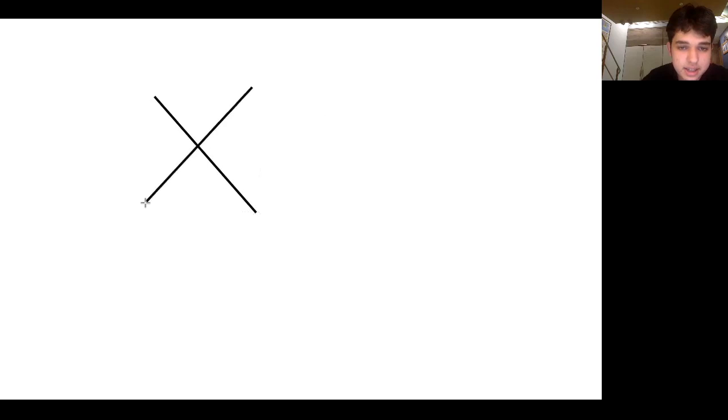They intersect each other here. Now, if these are obviously straight lines, yeah, if I say that this angle is, let's say, x degrees, then if these are supplementary, this would be 180 minus x degrees, right?